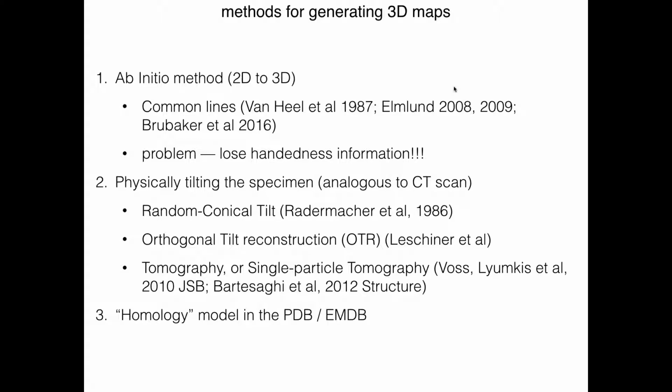This is to say that any pair of projection images will necessarily share at least one common one-dimensional line between the two within a three-dimensional Fourier transform.